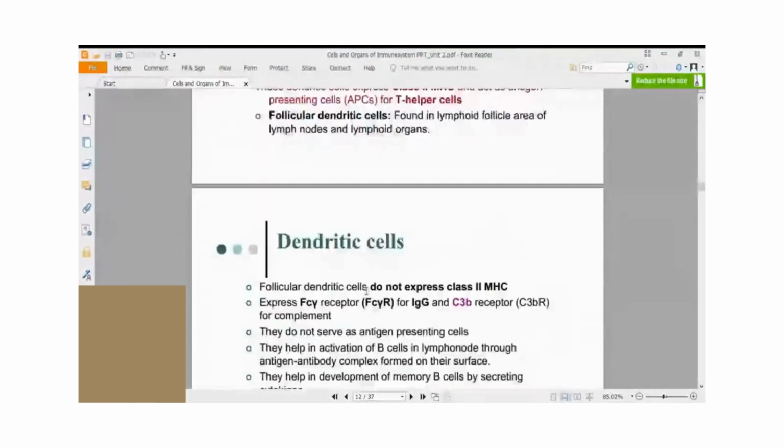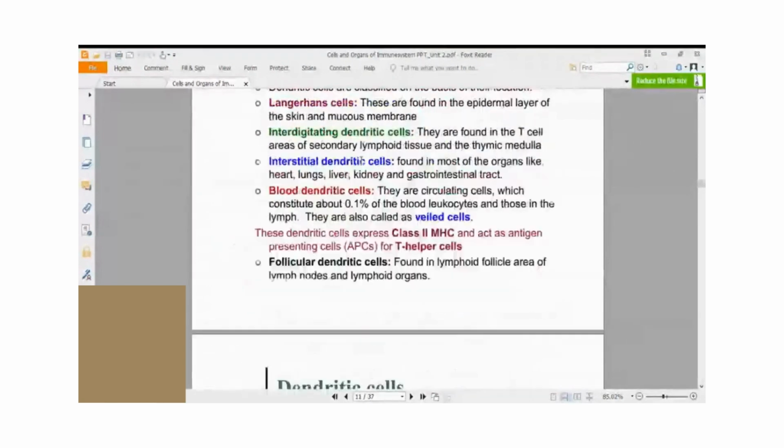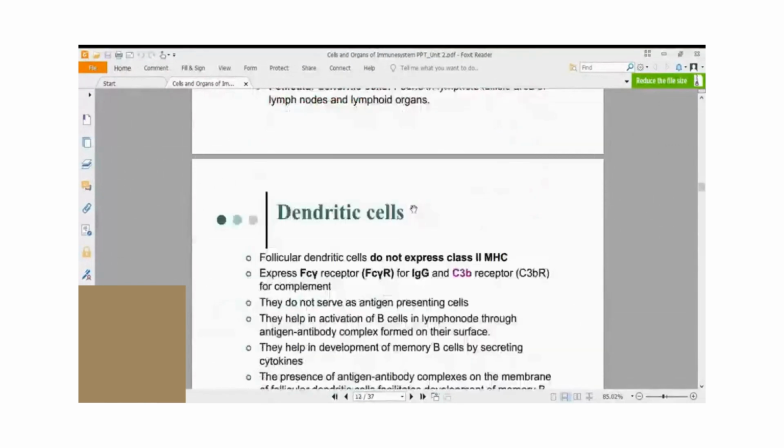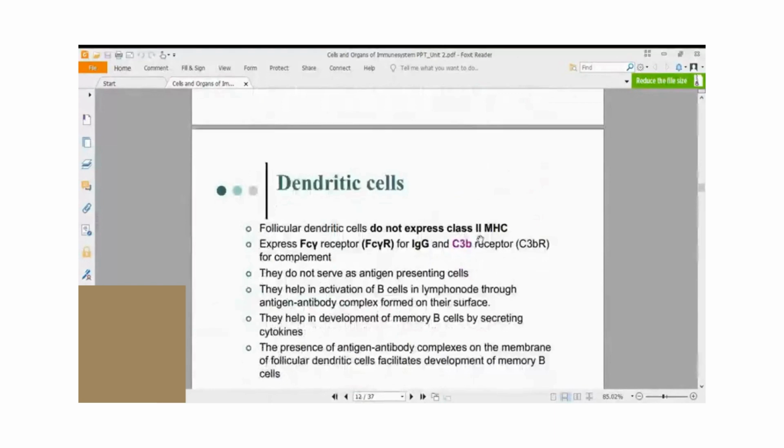What is the speciality of follicular dendritic cells? Unlike the other dendritic cells which I listed, like Langerhans, interdigitating, interstitial, and veiled cells, these follicular dendritic cells do not express class 2 MHC. They are different. What are they meant for? They are meant for expressing the receptors of Fc gamma, that is for the IgG, and C3b receptor.